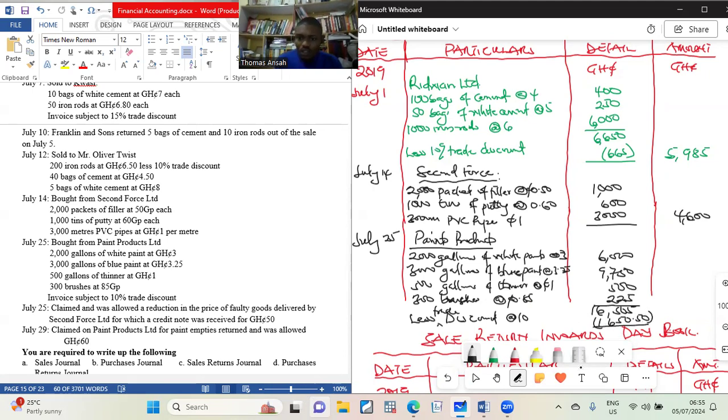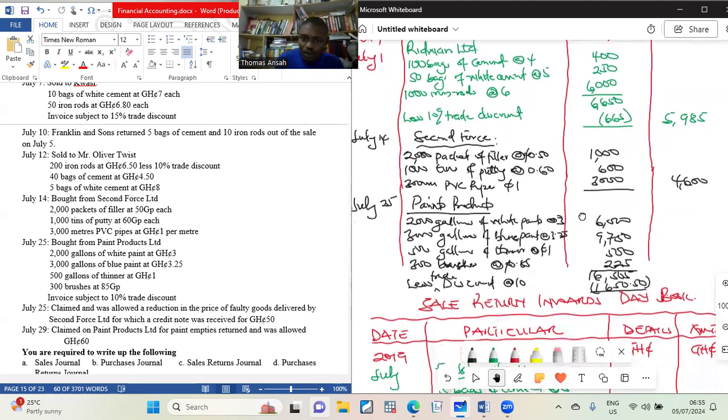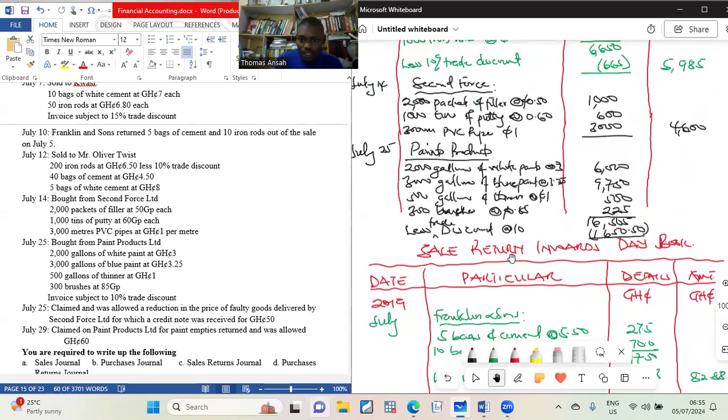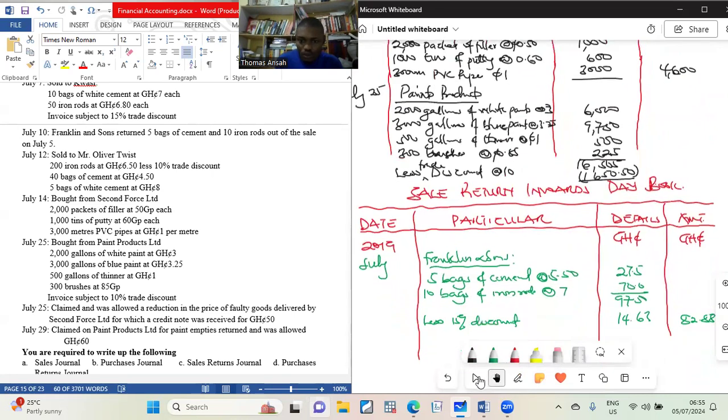Find the total. So it means that my spacing was bad, and the next time I'm doing this, I should be able to space it out well. So learn the lessons from that. So let me bring these ones down. All right.